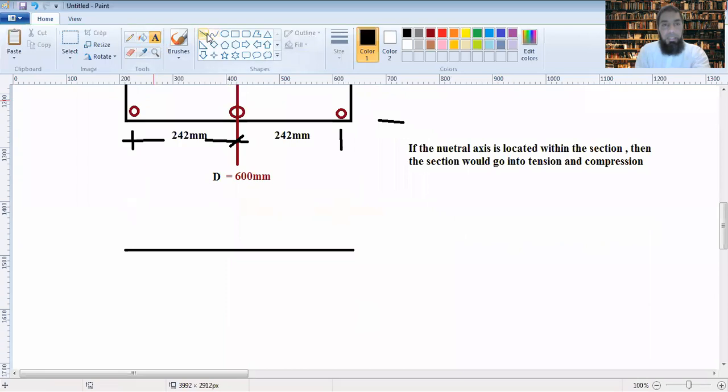So how would the strain profile look like here? Now your strain profile, if the neutral axis is within the section, would look like this.